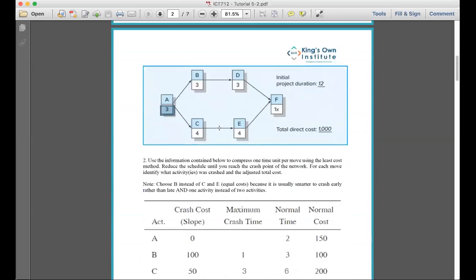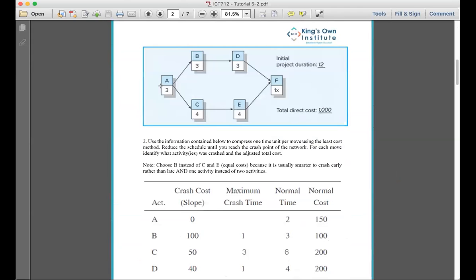So when I reduce A by 1 time, what happens here? This becomes what? 2x. And if this becomes 2x, how much does the duration of this path become? And how much is the duration of this path? 9 and 11.